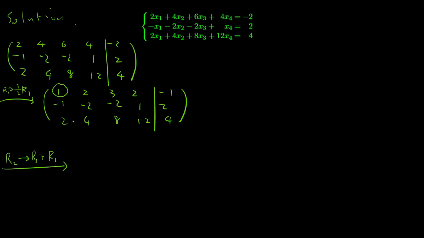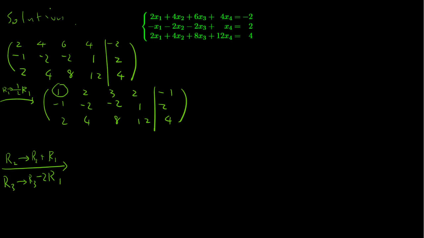Anybody want to tell me a multiple you need to make this location 0? What multiple of row 1 do you want to add to row 3 to make this location 0? -2. Yeah, -2. By that we mean we multiply row 1 by -2, and then we add the multiple to row 3, and then row 3 is changed.